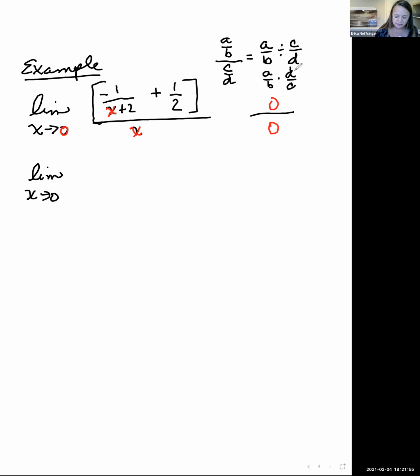So that's one method to clear the fraction within the fraction. I actually think that's the harder method. To me, it's easier to look at the LCD of the fractions within.